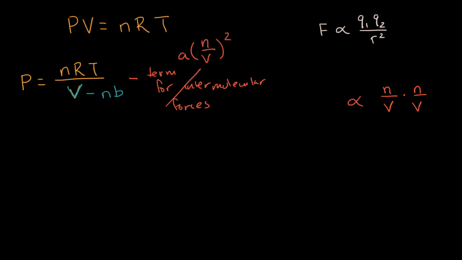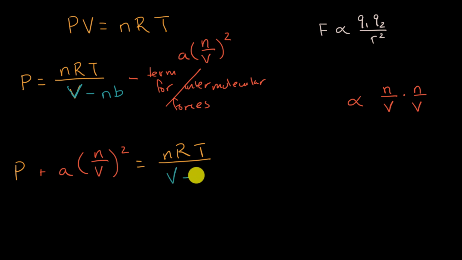And what we have just constructed, and let me rewrite it again, this ideal gas equation, and actually let me put this orange term back on the left-hand side. So if I write it this way, pressure plus A times n over V squared is equal to nRT over the volume of our container minus the number of molecules we have times some constant B, based on how large on average those molecules or particles are.